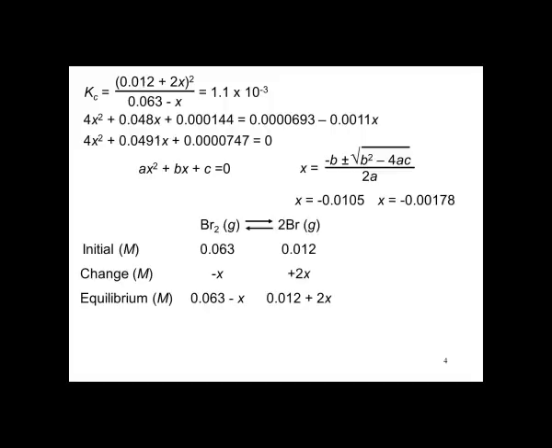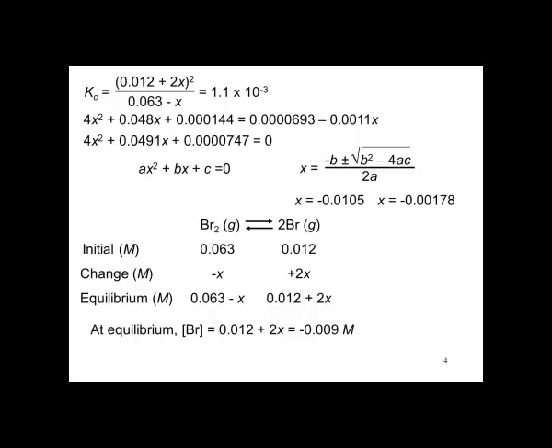Which is correct? Going back to the table and what it represents, remember we have to subtract x from 0.063 to get the concentration of Br2, and we have to add 2x to 0.012. If we start with Br and add 2 times a negative 0.0105, the answer comes out to be a negative 0.009 molar. You can't have a negative molarity, so this answer does not make sense.